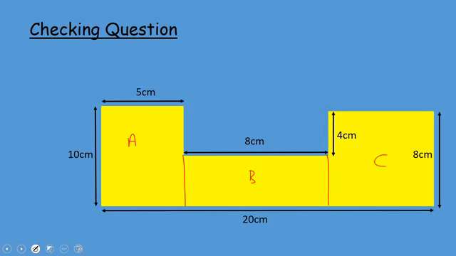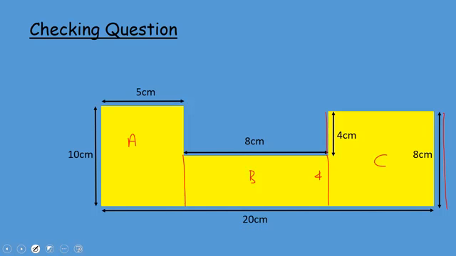And C, I can see the height, but I don't know what the width is. So let's look at B. If we look from here to here, the height of this part is 8. We've gone down 4 here, so there must be another 4 here. That must be our height there of rectangle B.